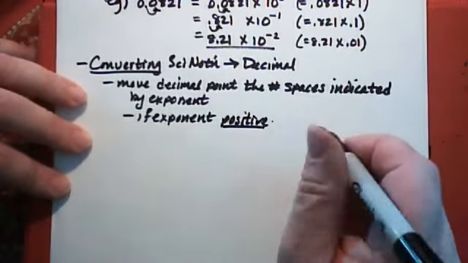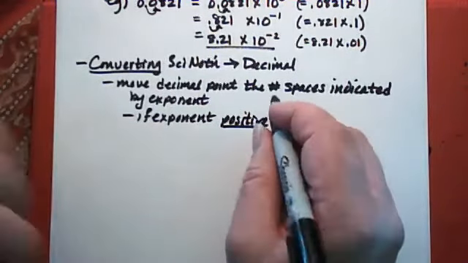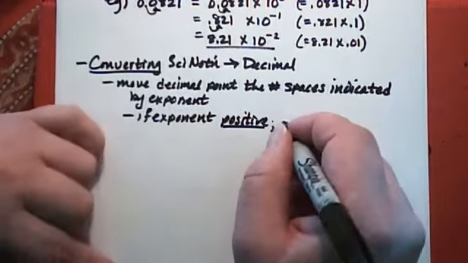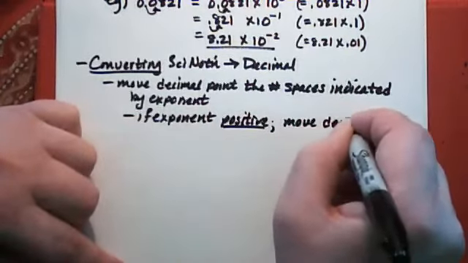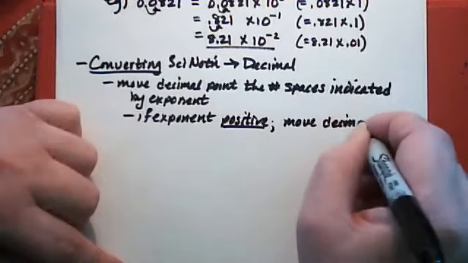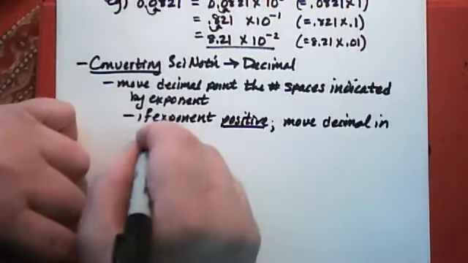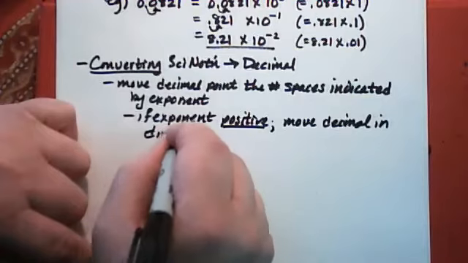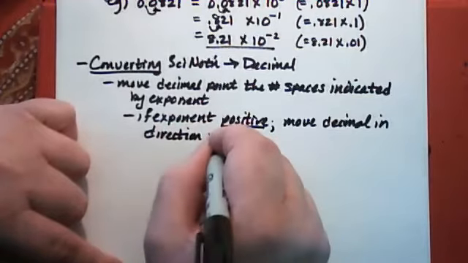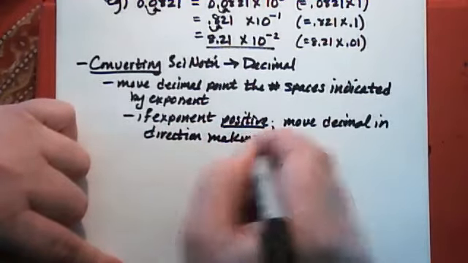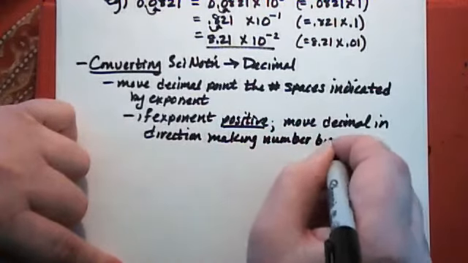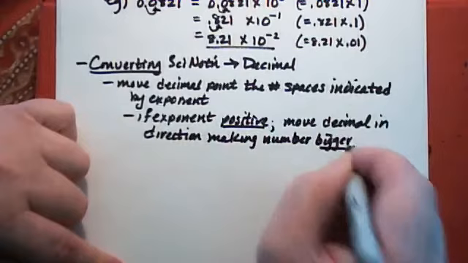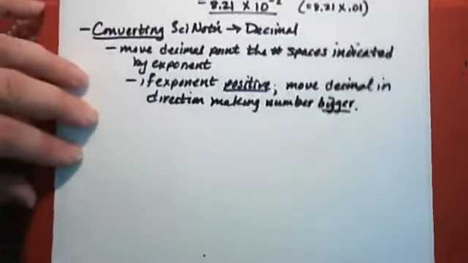If the exponent is positive, you have to move the decimal in the direction making the number bigger. Which means to the right.